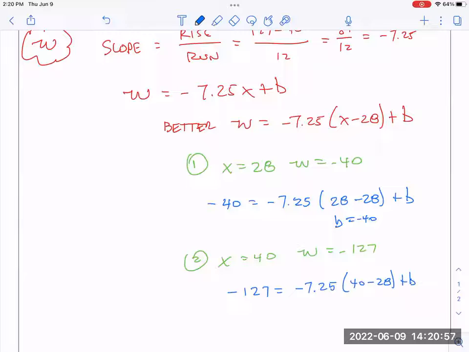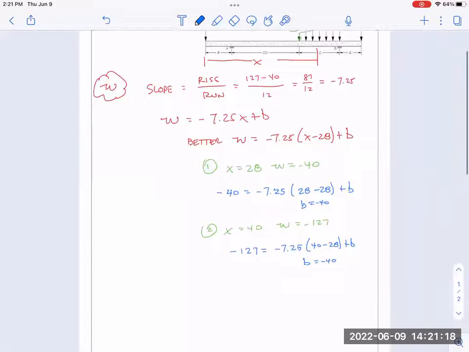What'd you get? Yeah, it should be no surprise that you get the same exact answer, because this is a line and that's how lines work, no matter what point you pick on the line.